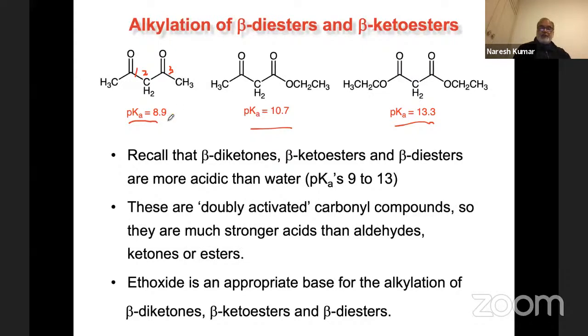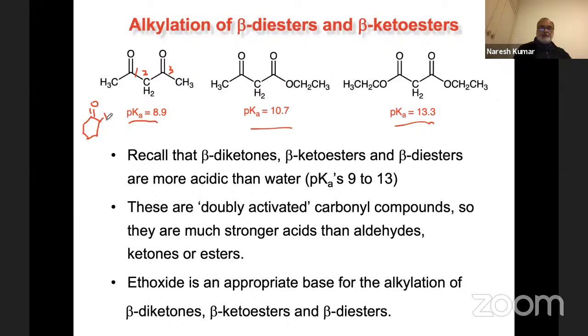The lower this number, the more acidic that CH2 is. That means it is easier to remove that proton by a base. And these are like doubly activated CH2. Because the earlier example we saw on the last slide, for example, had only one carbonyl present in these compounds, and there was a CH2 adjacent to that carbonyl group.